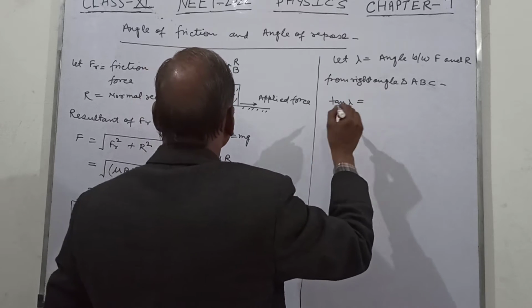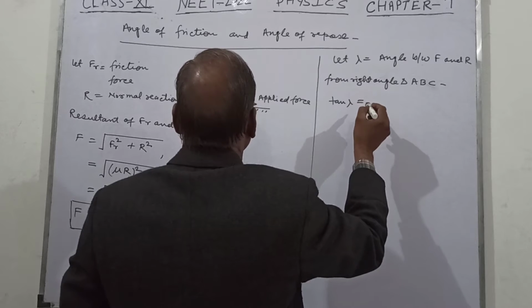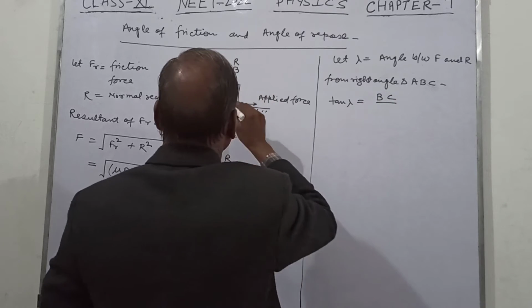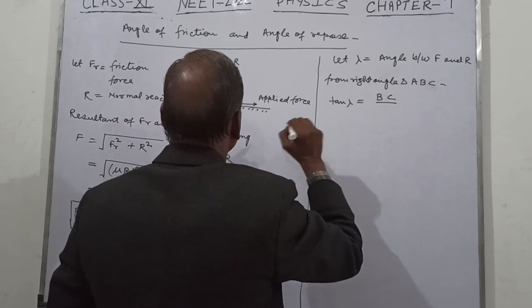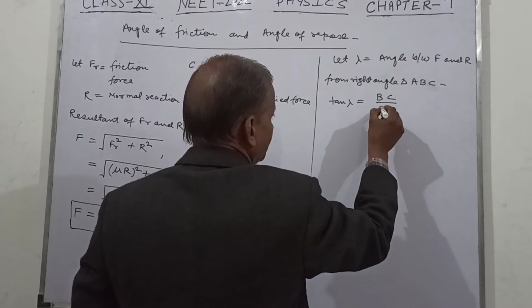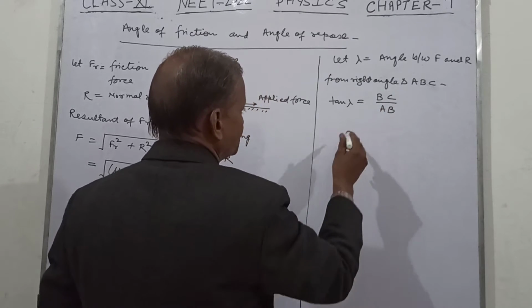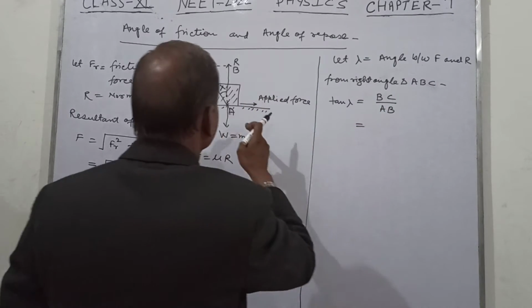tan lambda is equal to BC, the perpendicular, upon the base AB. So BC is what?